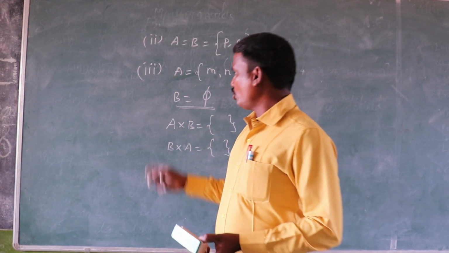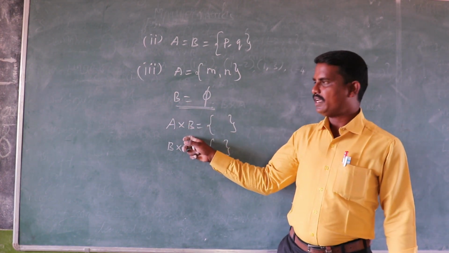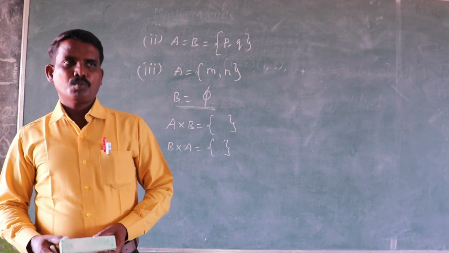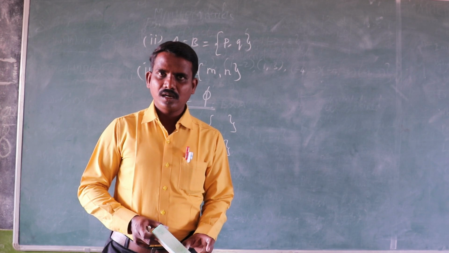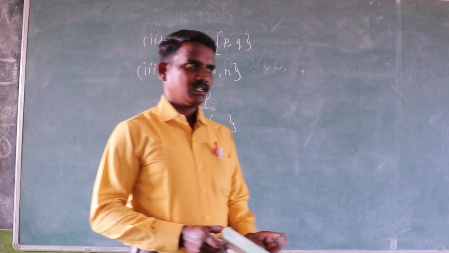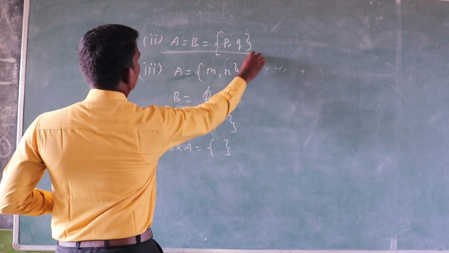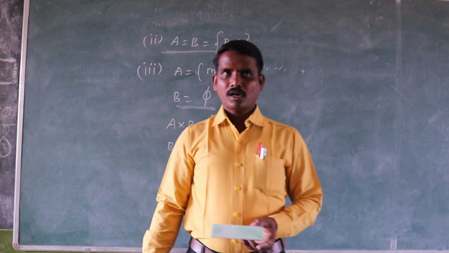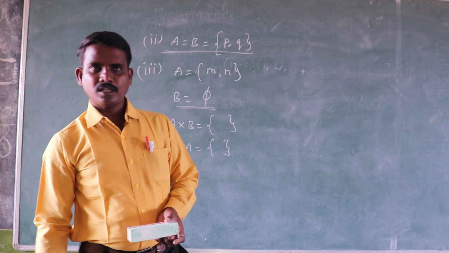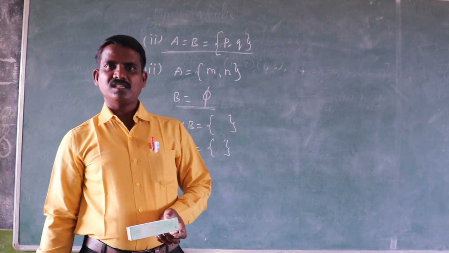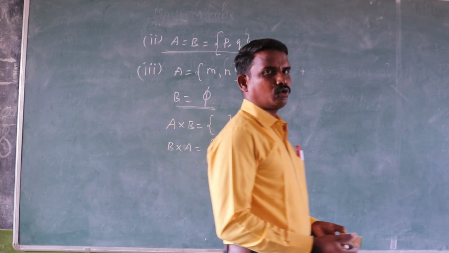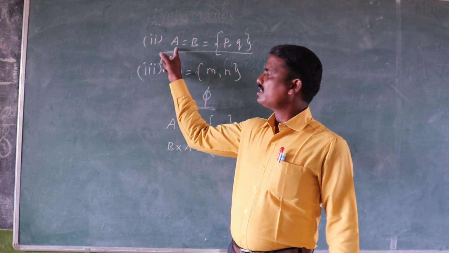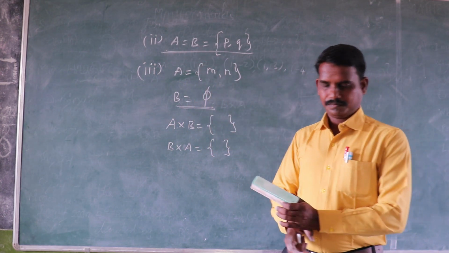But if both the sets are non-empty, A cross B is not equal to B cross A. A cross B equal to B cross A is possible only when both the sets are equal, like A cross A, B cross B. If all the elements are equal in both the sets, then A cross B equals B cross A.